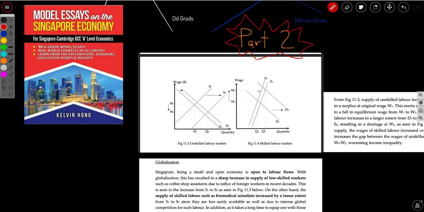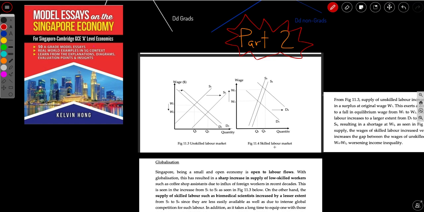Along the way, we are also going to bring in something about elasticity, which is the price elasticity of supply, in particular for the university grads. I have left out the point about the price elasticity of demand in this answer. In part 1, you would have seen me explaining that PED is probably less than 1 for the university grads as well. But here, it is not a very helpful point.